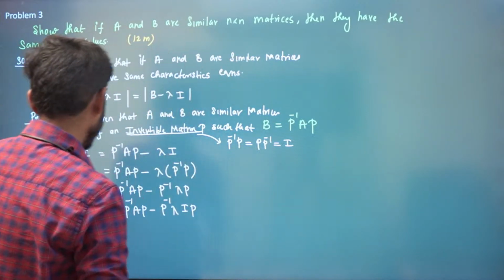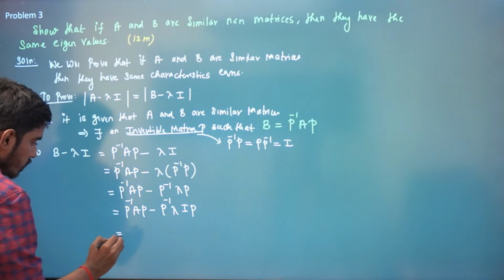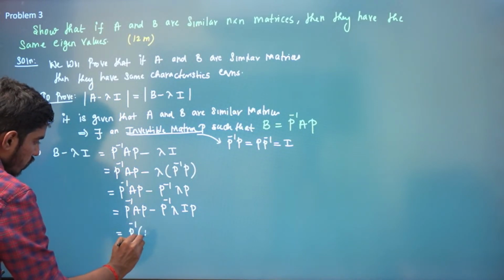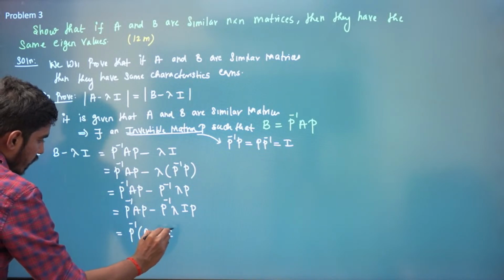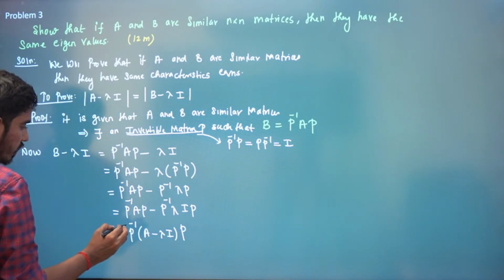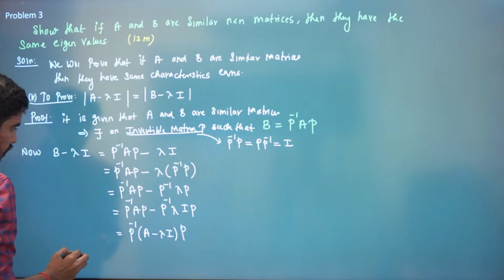Now, can I write this as P inverse of A minus lambda I into P? I'm just taking P inverse and P common here.